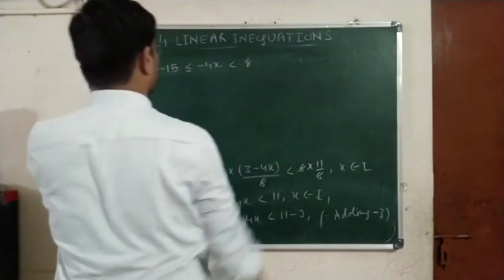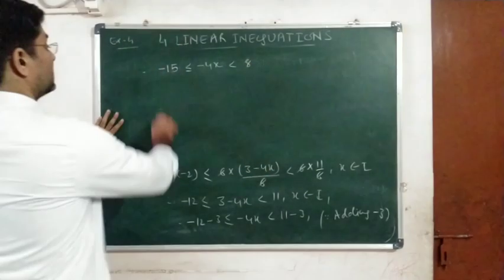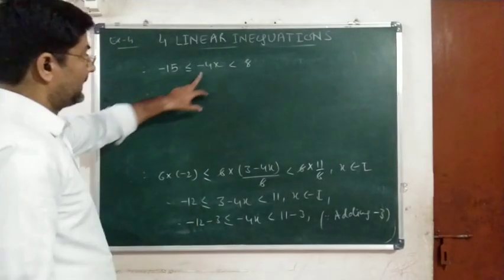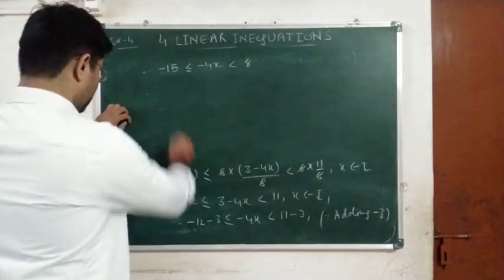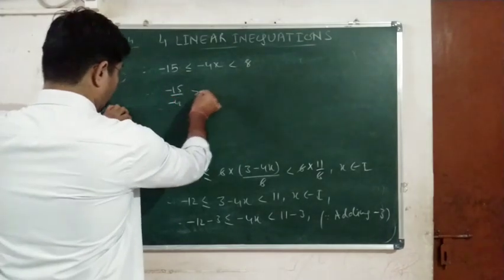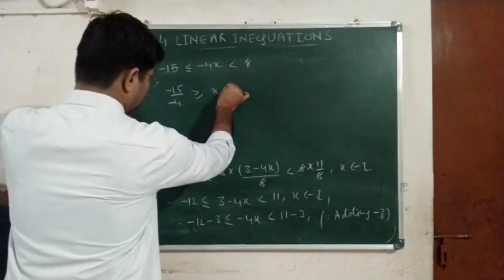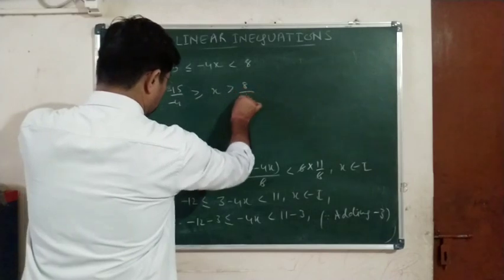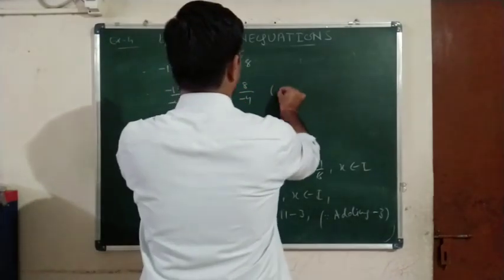8. Okay, now finally we will divide by minus 4. When you divide by minus 4, the inequality will change. So minus 15 upon minus 4 is greater than or equal to x is greater than 8 upon minus 4.